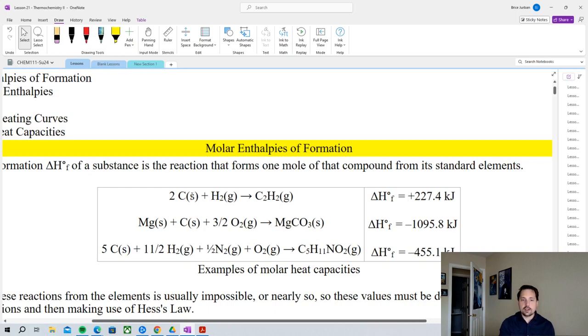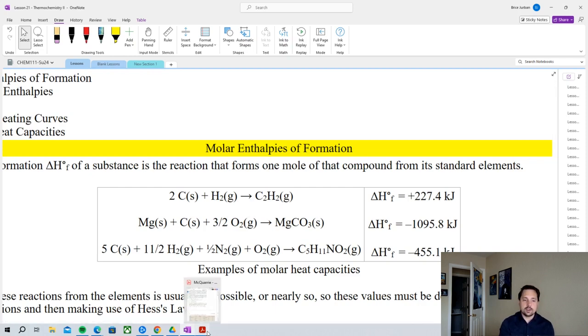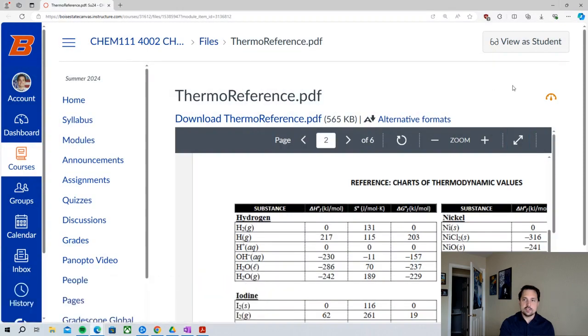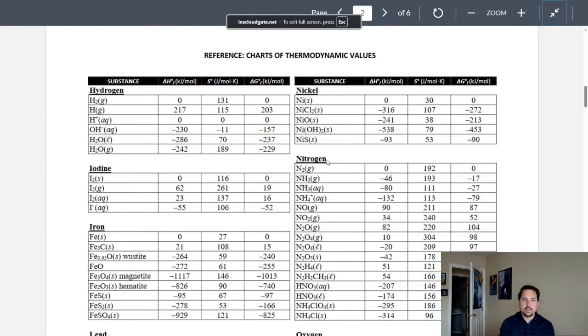Now, how do I know that carbon and hydrogen are the standard elements of these two elements? Well, there are a couple ways that we can figure this out. My strategy is to just look at a standard thermodynamic reference table, and this is posted in the module.